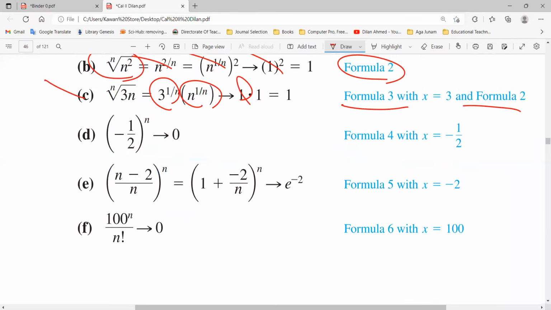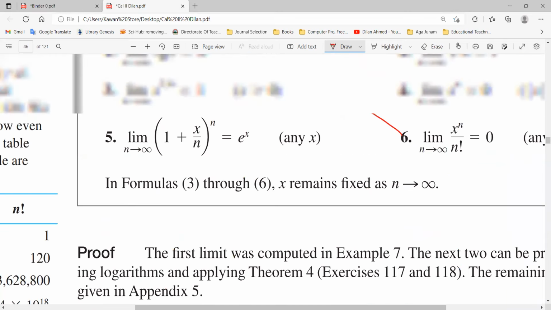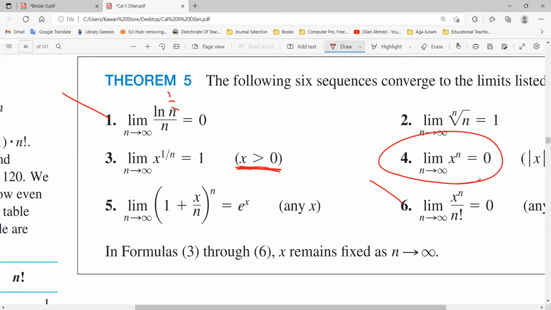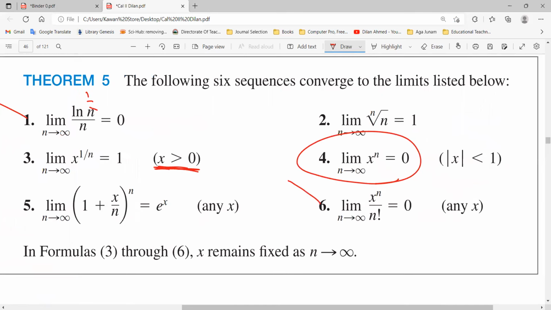Fourth formula, we have x^n approaching 0. So how do we deal with that one? x^n approaches 0, how? But we have a condition here. So what do you mean by absolute value of x less than 1? What do you mean by that one?